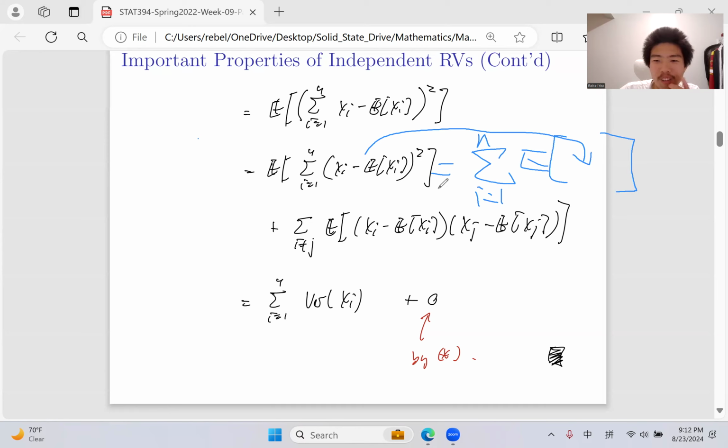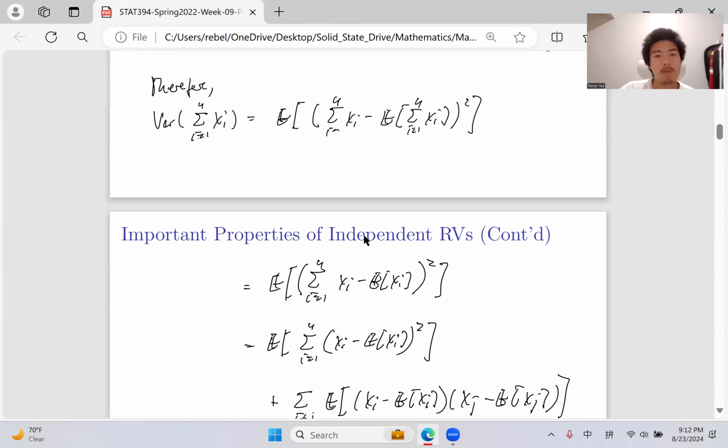So surprisingly, this becomes the summation of variances, because the expectation of the difference of the random variable and its expected value, squared, is the variance formula. So now it's a summation of the variances, and we are done with the proof.